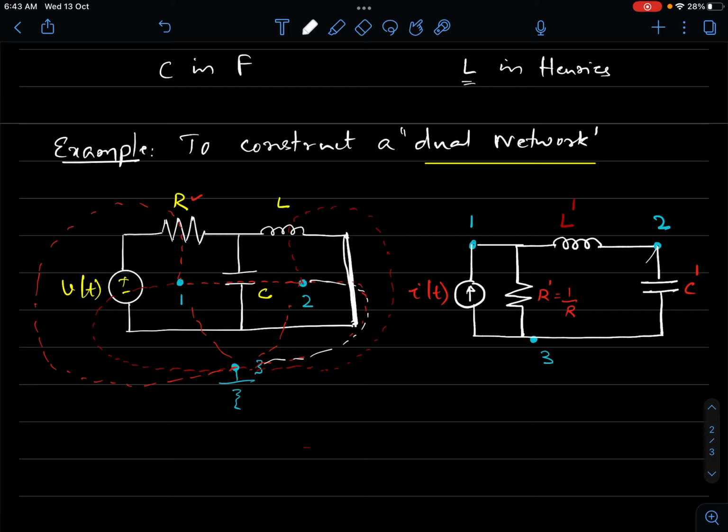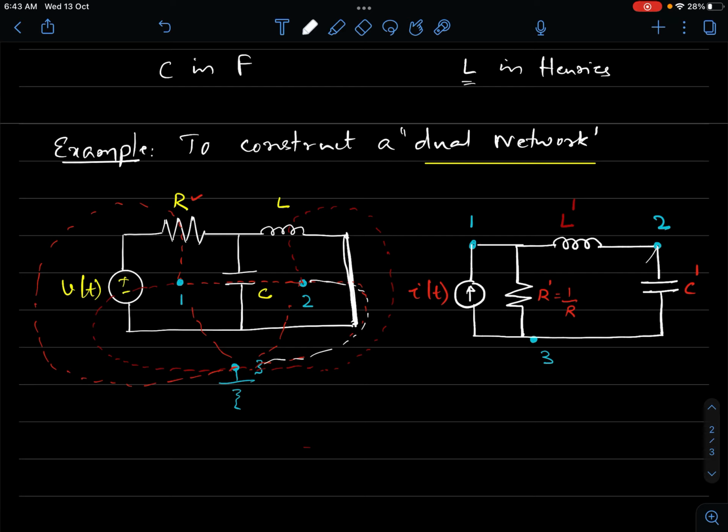So you take every element of the original network and see where that element appears. Then replace it by its dual. The procedure is to draw lines in the original network and you arrive at the dual network.